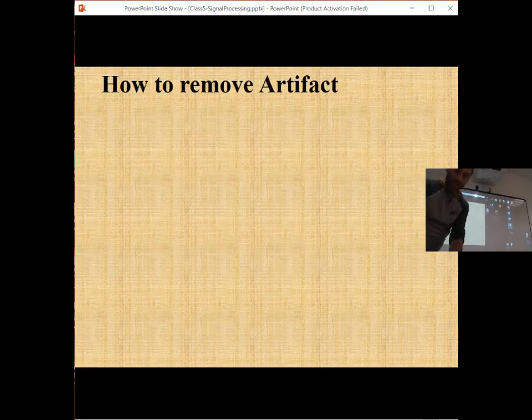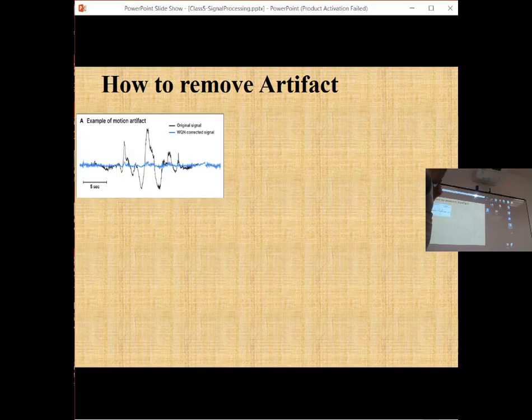The reason I spent just 2 minutes on this is that I want to discuss the application. Now it becomes relevant why we need to do all of this. Suppose you have an original signal, suppose the blue is the original signal.